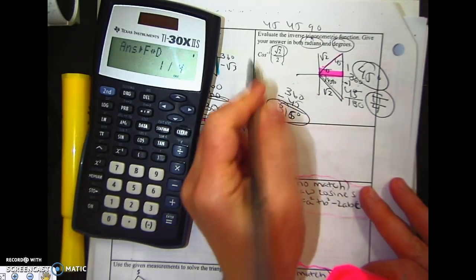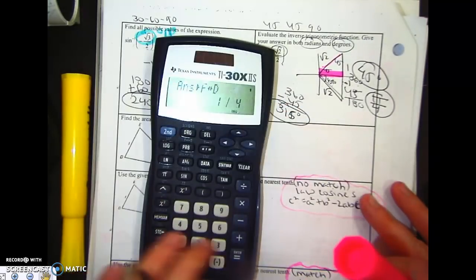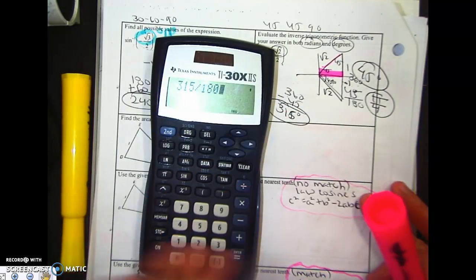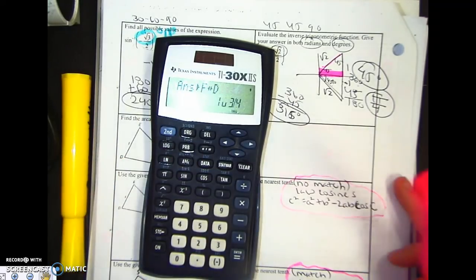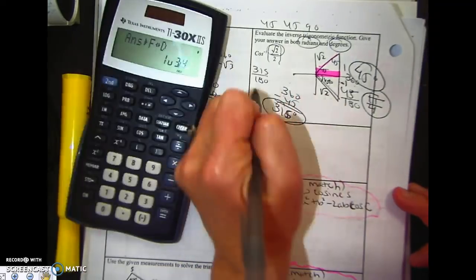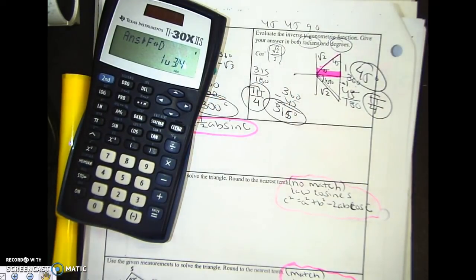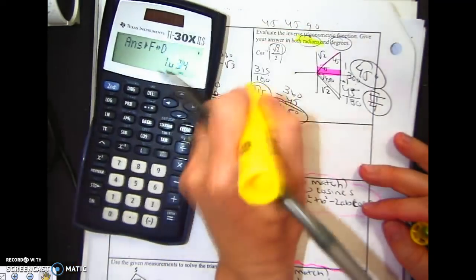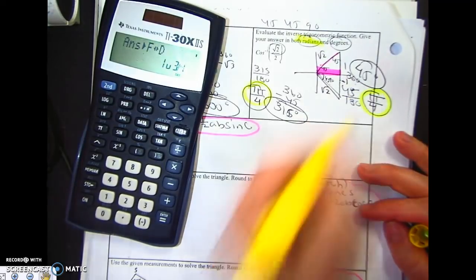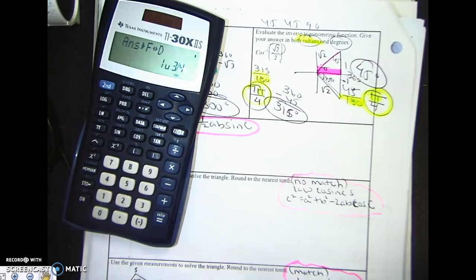To put that in radian mode, 315 divided by 180, second PRB. Now it's going to give me 1 3/4, which you need to know is 7/4. You can also use the fancy calculator, and it will tell you the same thing. So remember to turn it into radian mode, which means you're dividing by 180 and adding a pi.